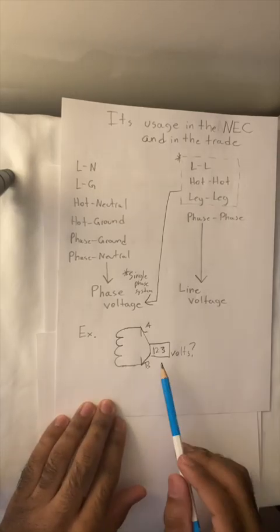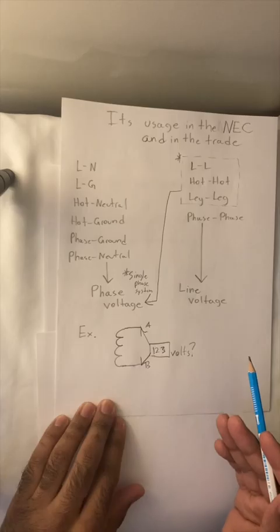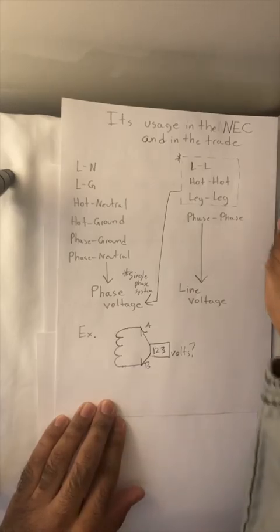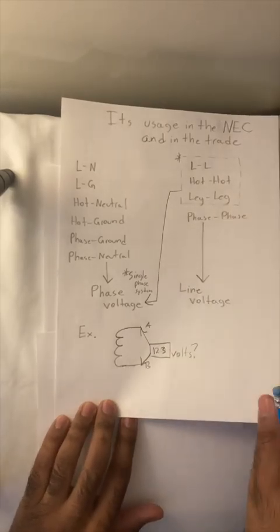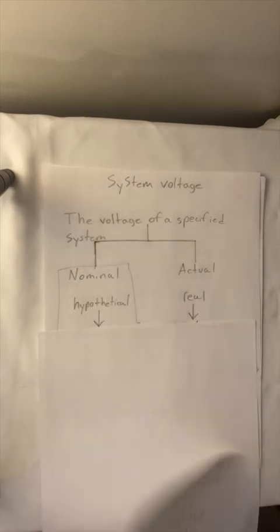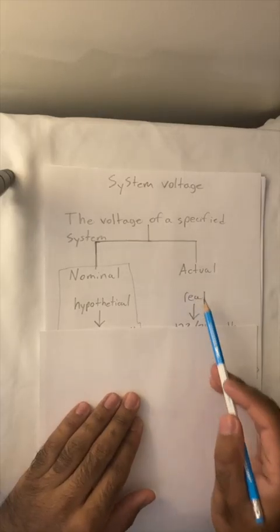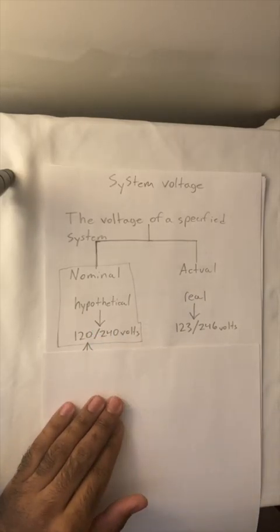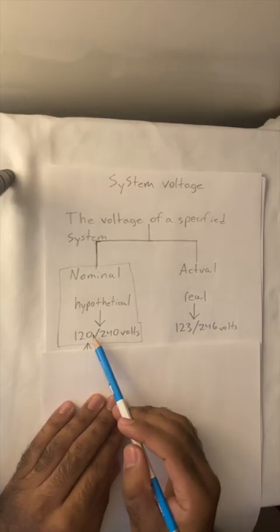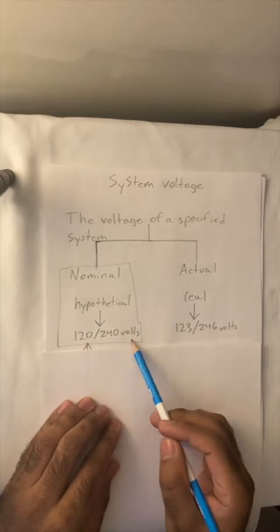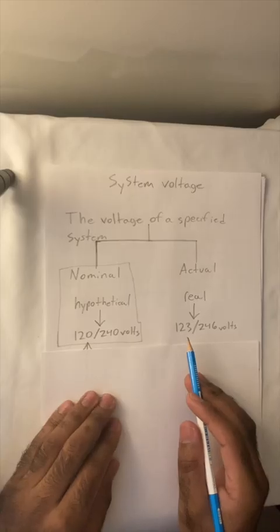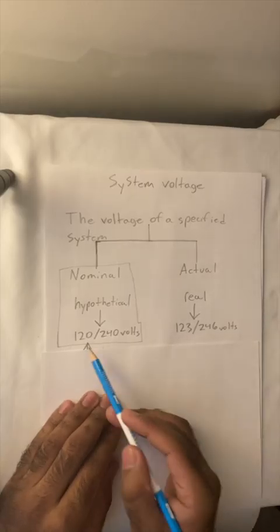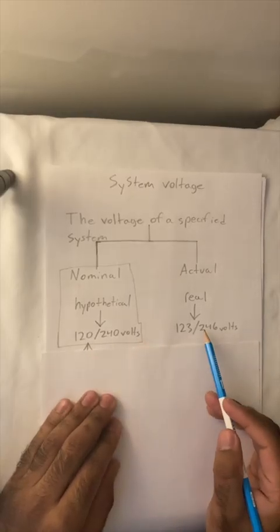So the actual voltage varies within a reasonable range of the nominal voltage. As we mentioned, the actual voltage is the real voltage. The nominal voltage is the hypothetical value. So for instance, 122.40 volts is a hypothetical value because it's the nominal system voltage.